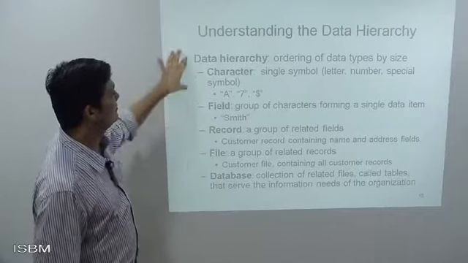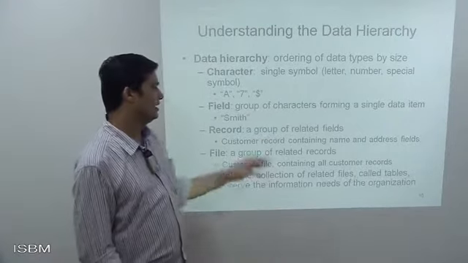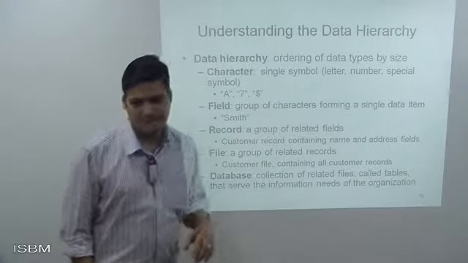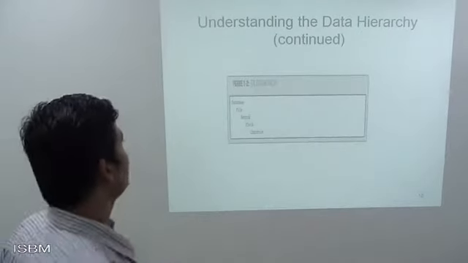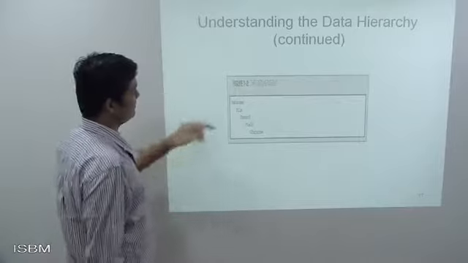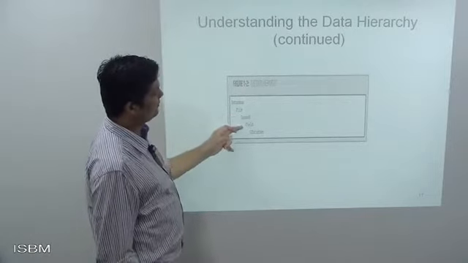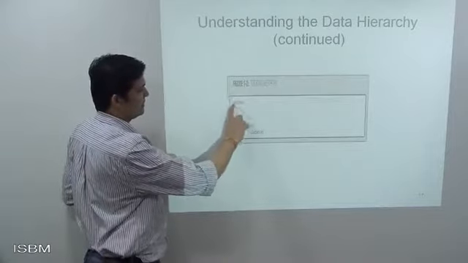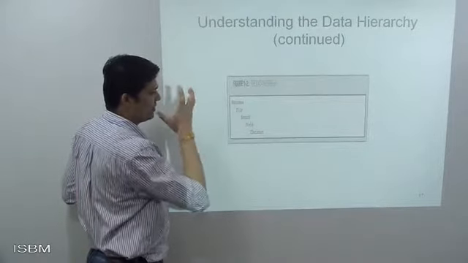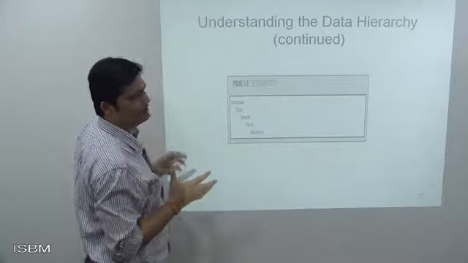So this is how we understand the data hierarchy: database, file, record, field, character. At the top we have the database, because a database holds the largest amount of data. Second is the file, which holds a lot of data after the database.